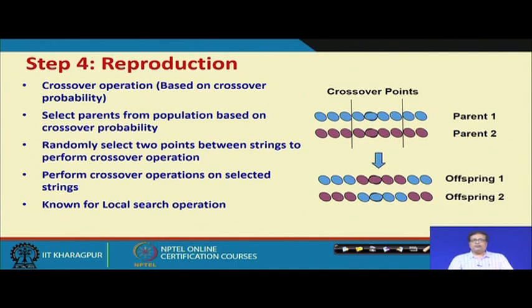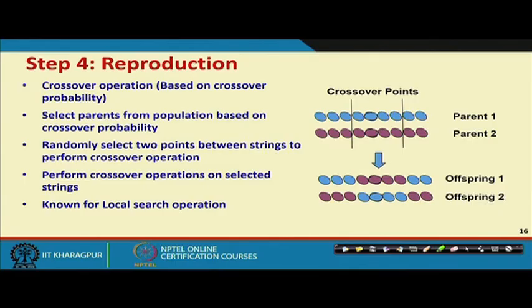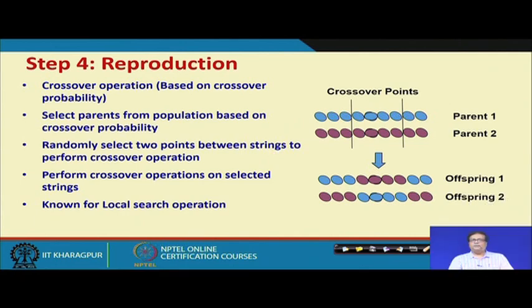Supposing the crossover probability is 0.7, and when you select a particular parent where the probability is below 0.7, then there will be crossover. So, 70% of the time we shall do crossover, and 30% of the time we may not do crossover.